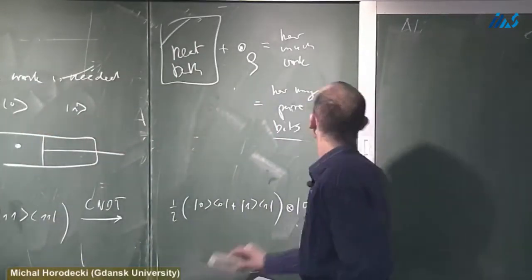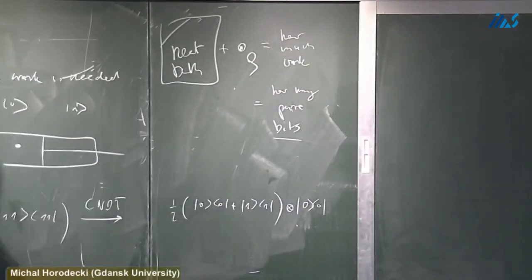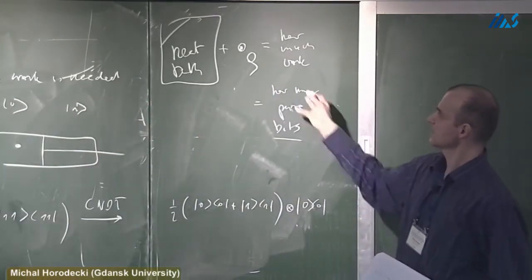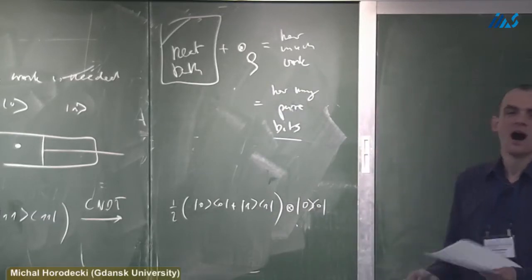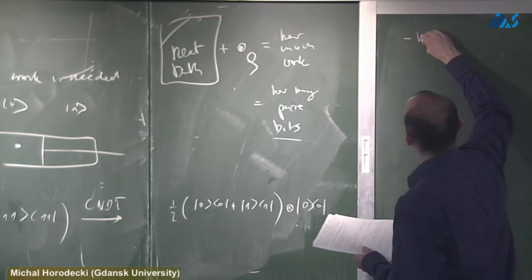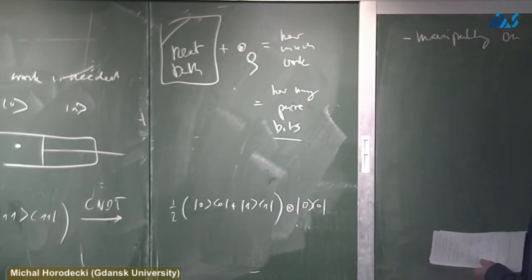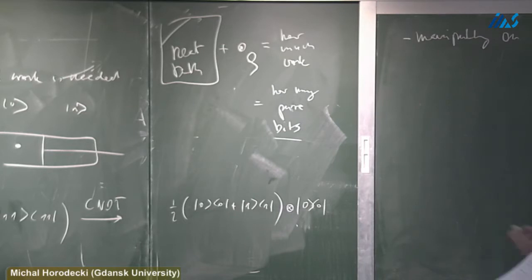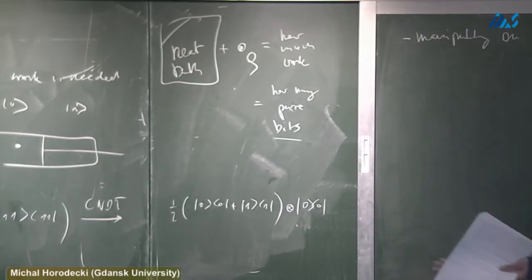So what we were actually doing was manipulating states with no energy whatsoever, no work, just manipulating states, and only then attaching the heat bath when we already have a nice output.